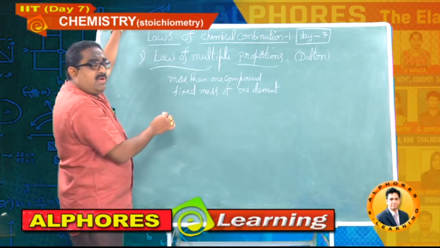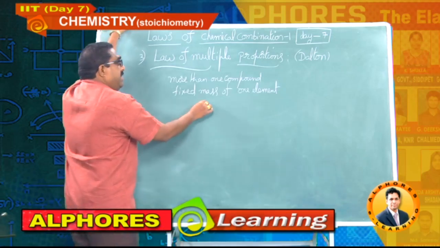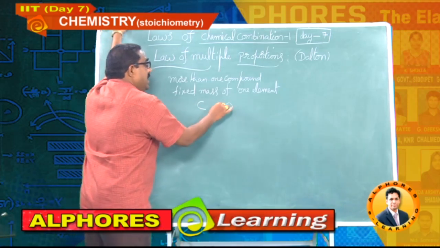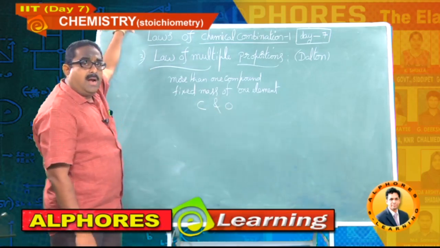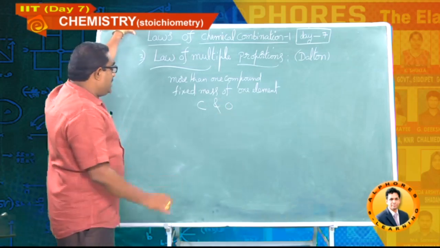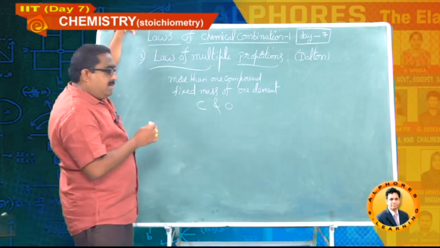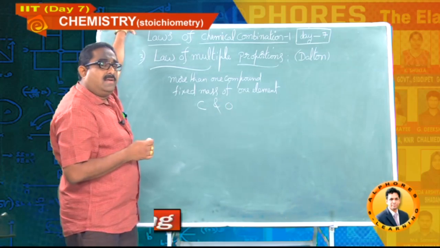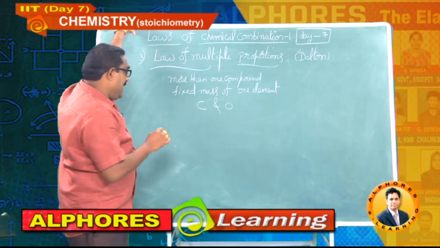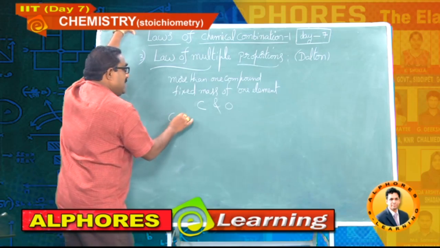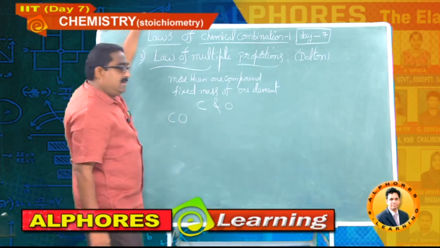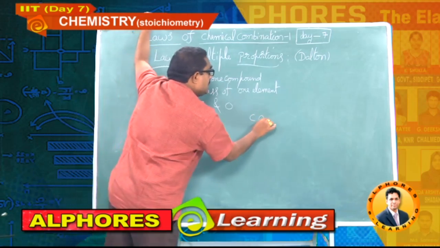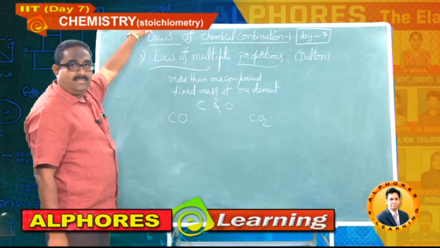Let me explain with one example. Two elements, I am taking carbon and oxygen. We know carbon and oxygen can form two types of oxides. I am writing here, students, carbon monoxide as well as carbon dioxide.